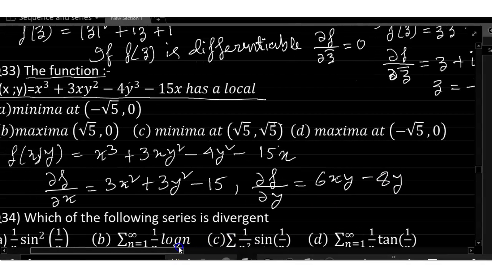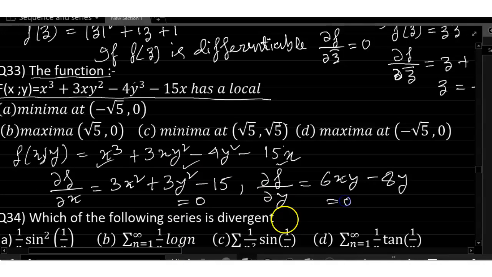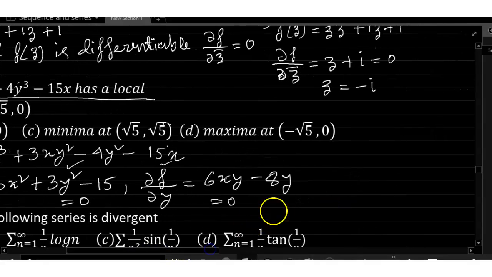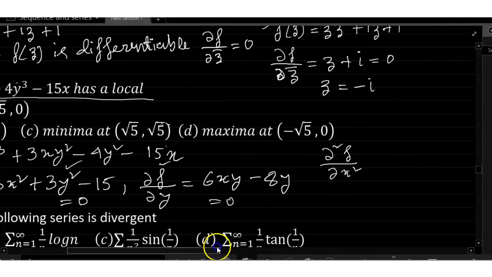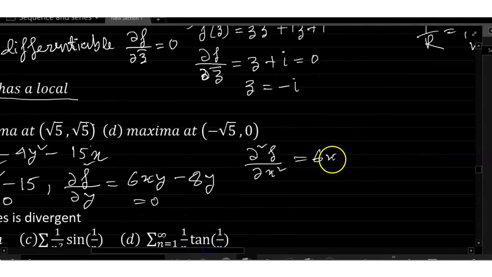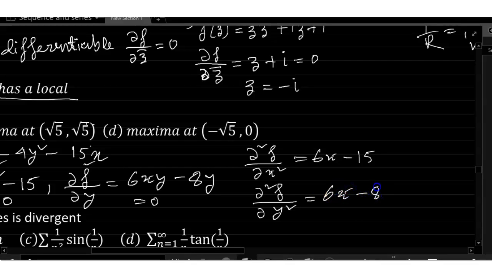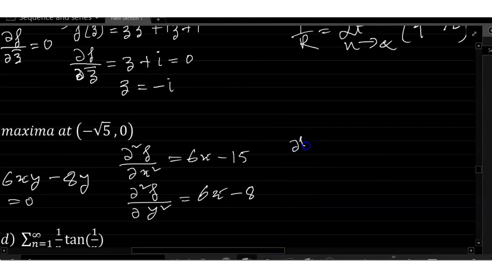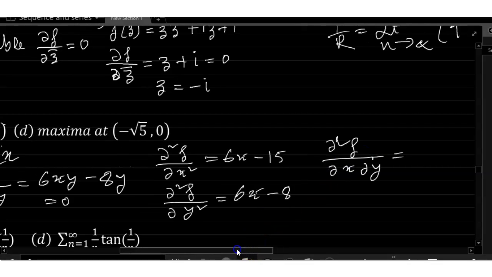So according to it, both are 0. So del square f divided by del x square is equal to 6x, and del square f divided by del y square is equal to 6x minus 8. Now del square f divided by del x del y equals 6y.